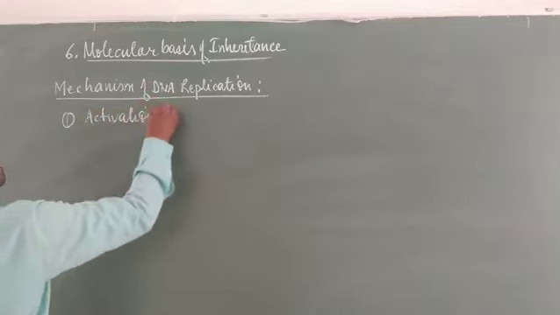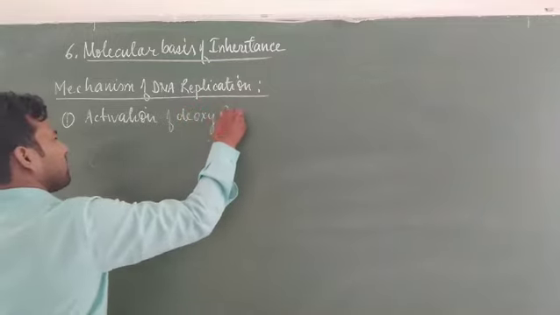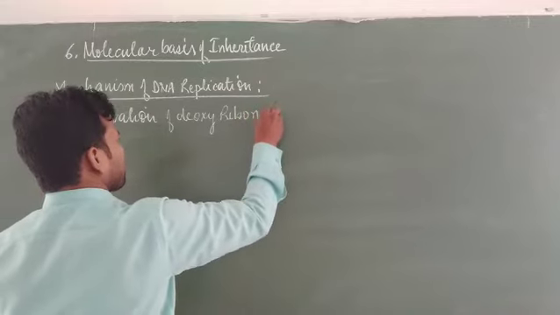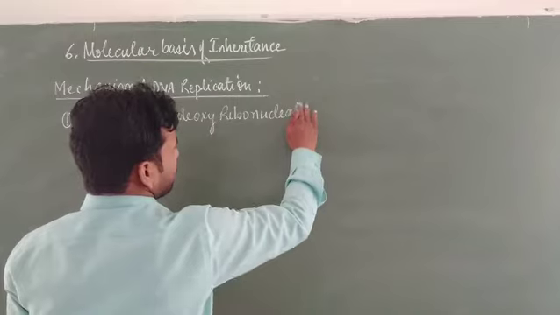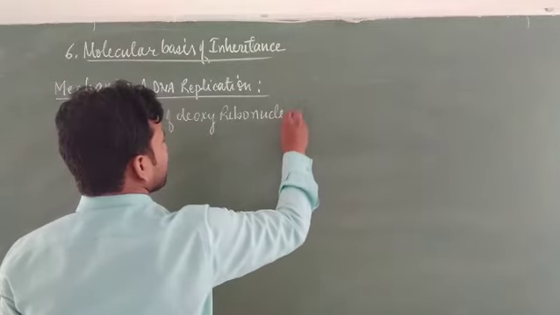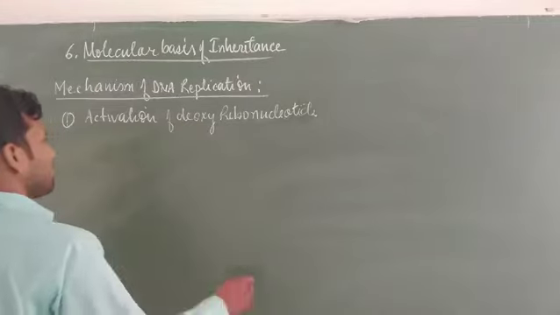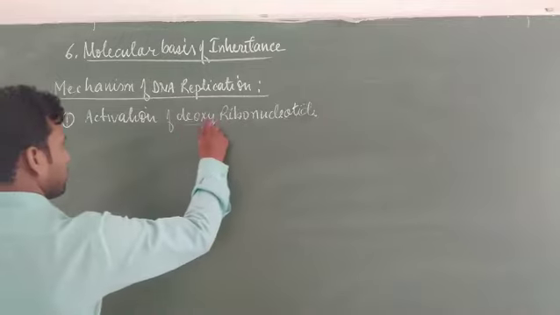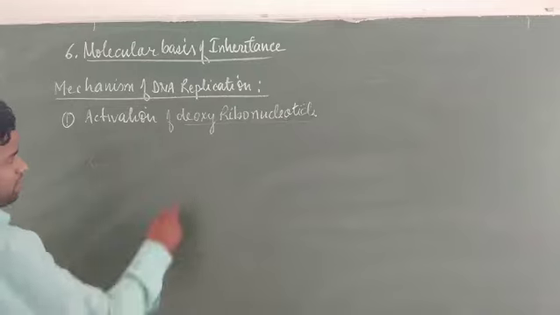Students, you know that deoxyribonucleotides are present in the monophosphate form. Activation of deoxyribonucleotide: especially the deoxyribonucleotide present in the monophosphate form.